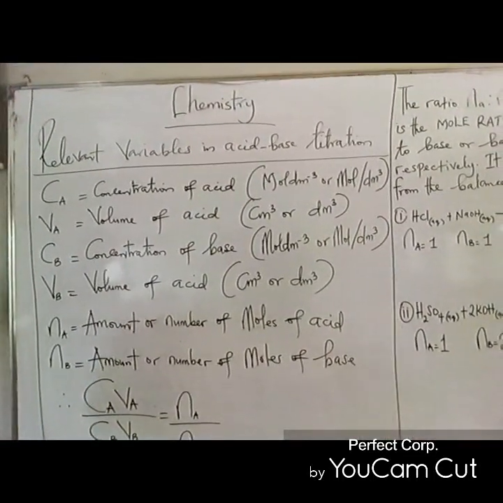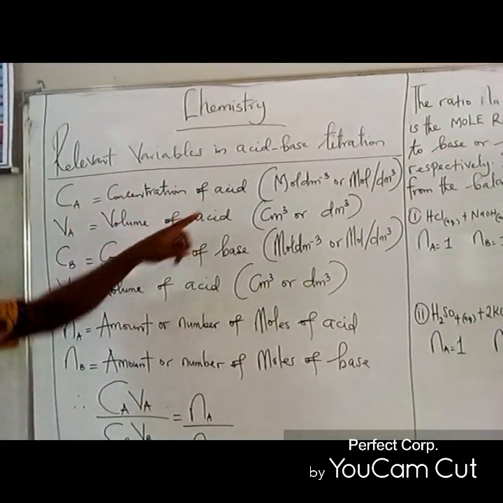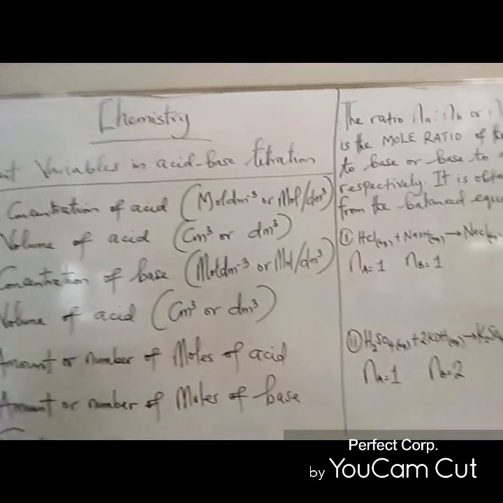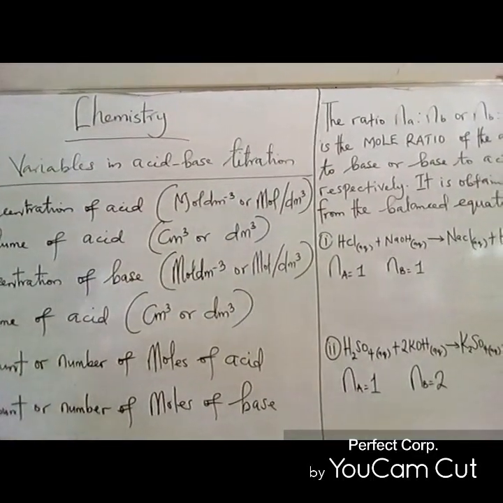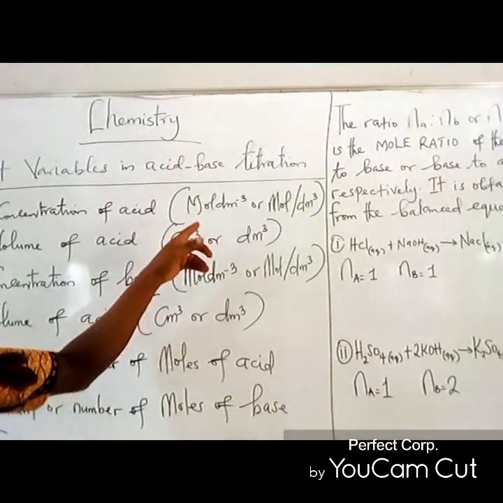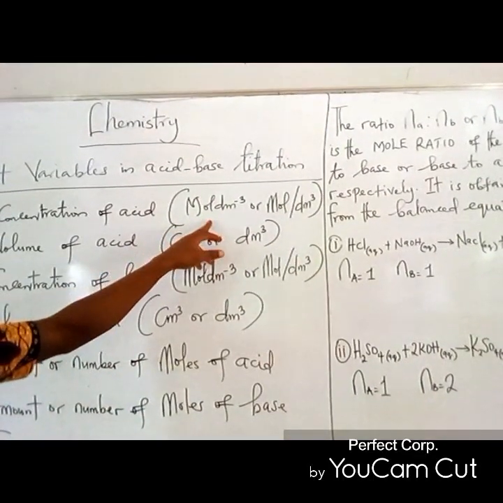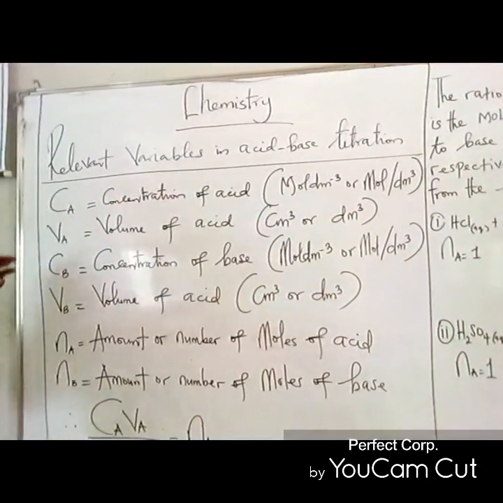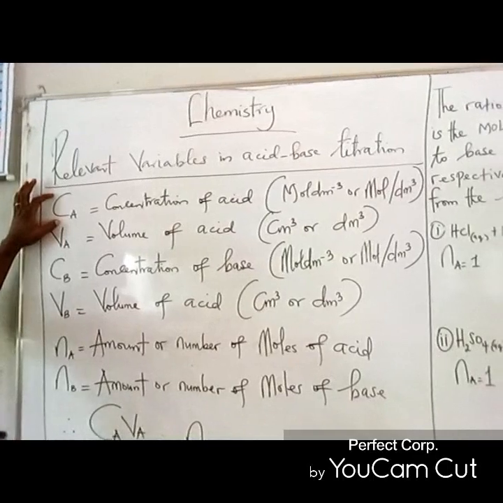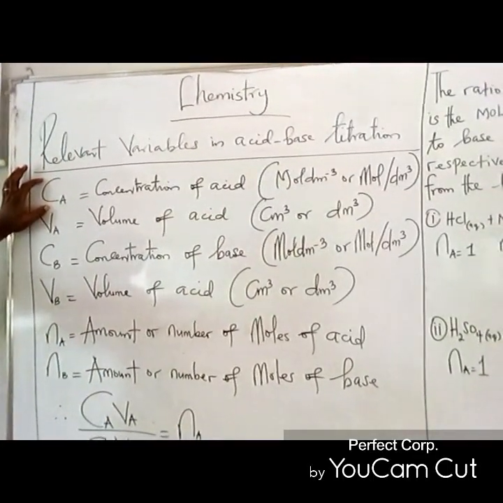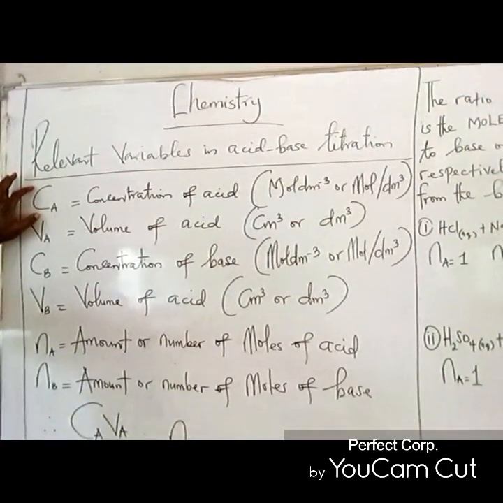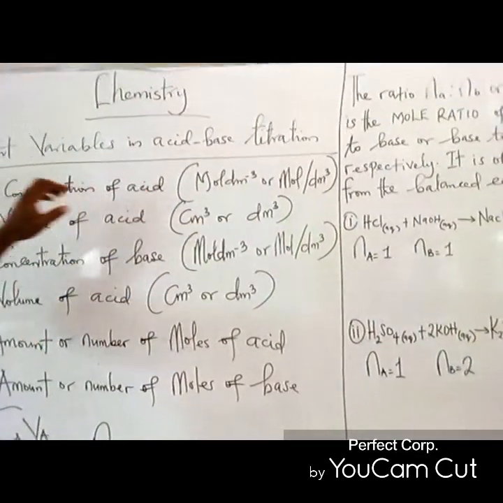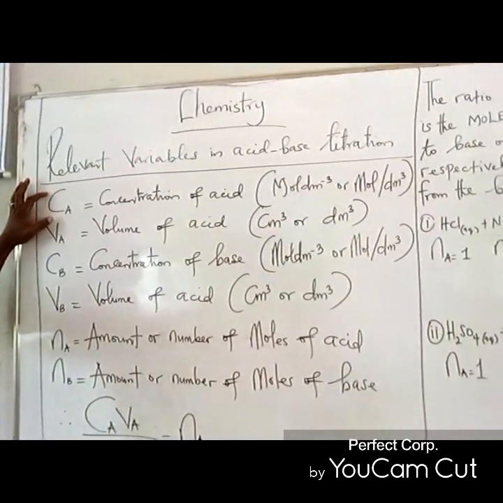Ca simply means concentration of acid, and the units of Ca is mole per dm cube. So either you write it like this or like this. If you are asked to calculate the concentration of acid in acid-base titration practical, please always take note to add the units to this variable, which is Ca.